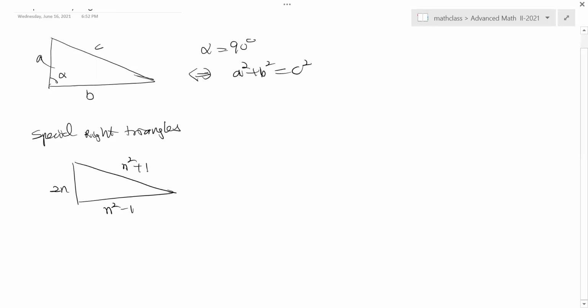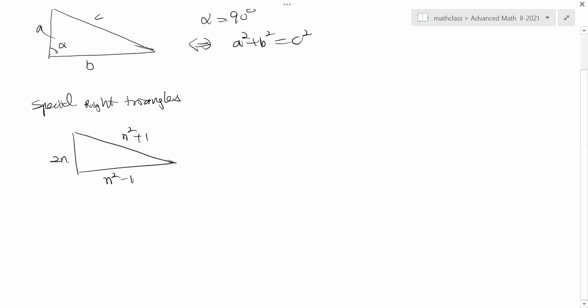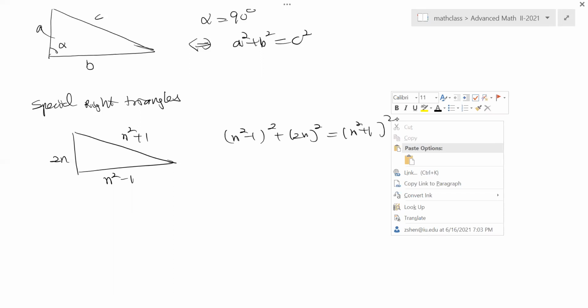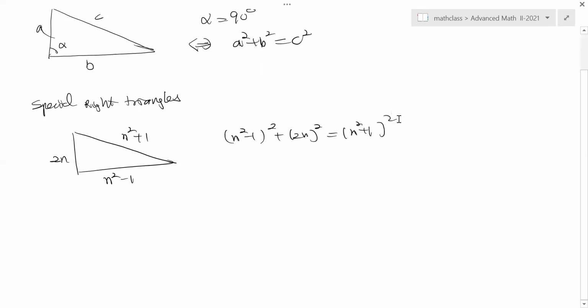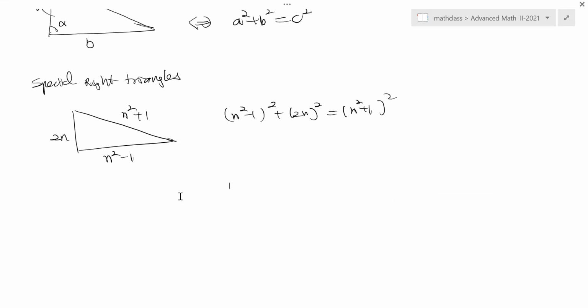Okay, this formula gives you lots of special triangles. In other words, (n squared minus 1) squared plus (2n) squared equals (n squared plus 1) squared. So if you forgot some special right triangles, you just use this formula to figure out some of them.